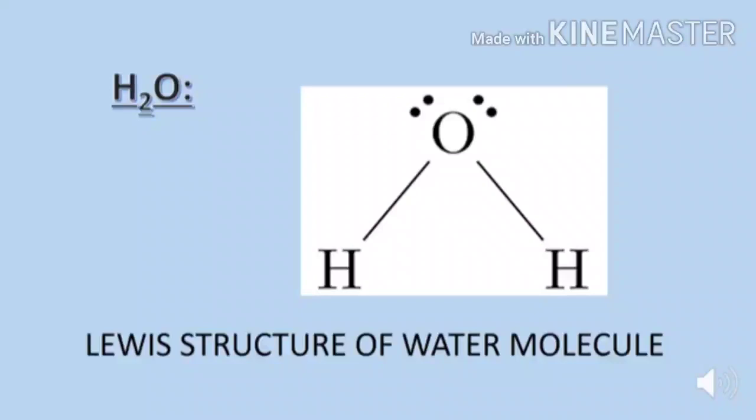This hydrogen bond is represented by a dotted line, as this bond is weaker as compared to the ionic bond as well as the covalent bond. So we represent the hydrogen bond in the water molecule.